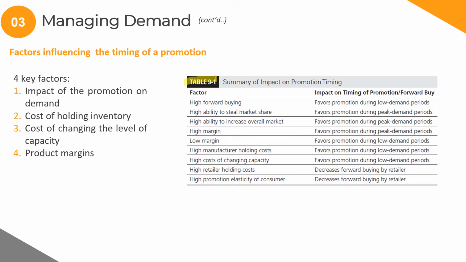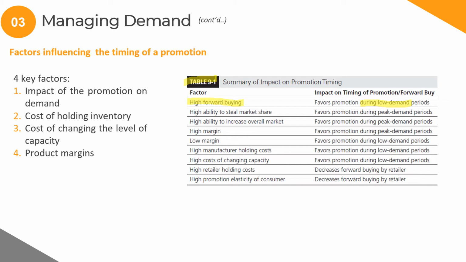For example, if a promotion primarily results in forward buying, it is best to use promotion to readjust the seasonal peak by offering a price discount during the low demand periods.